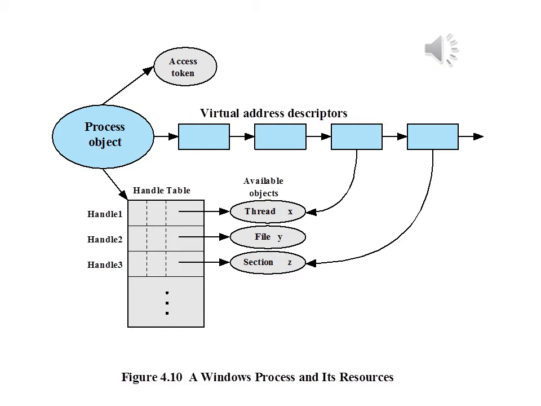Every process that is created by or runs on behalf of this user has a copy of this access token. Windows uses the token to validate the user's ability to access secured objects or to perform restricted functions on the system and on secured objects.